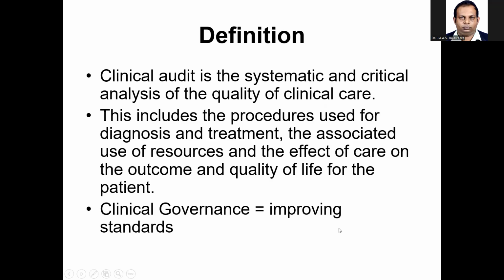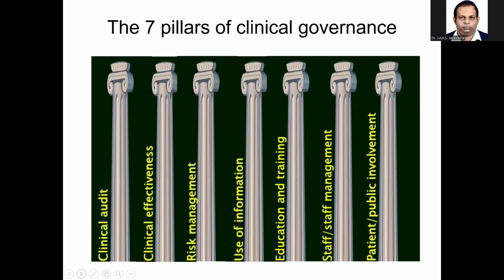So it is under the arm of clinical governance. The whole idea of clinical governance is improving the standards. You can see there are 7 pillars of clinical governance. Clinical audit is one. Clinical effectiveness, risk management, information, education and training, staff management, and patient and public involvement.